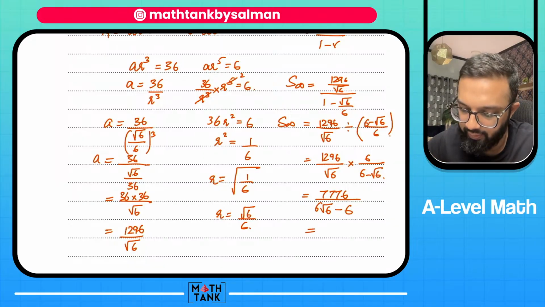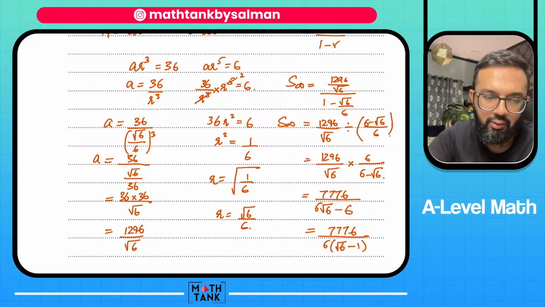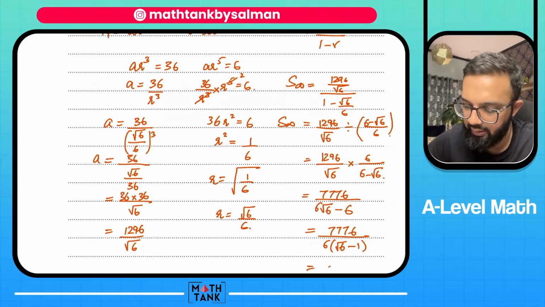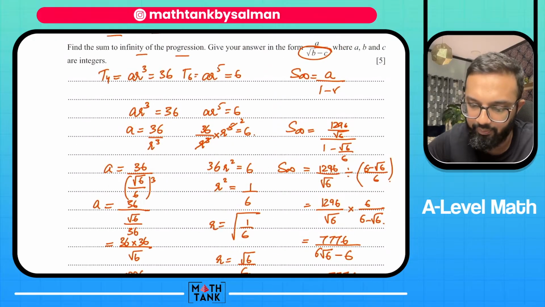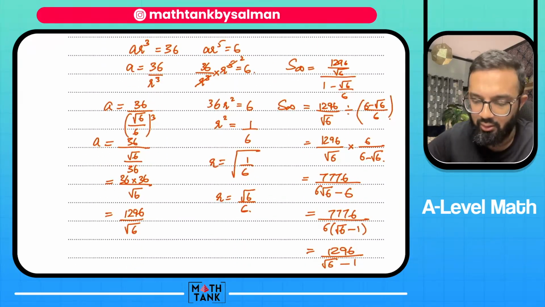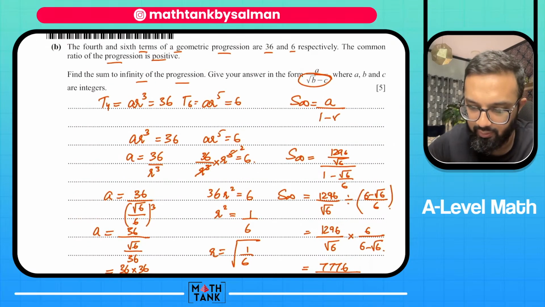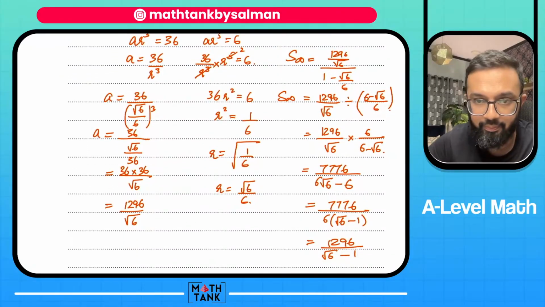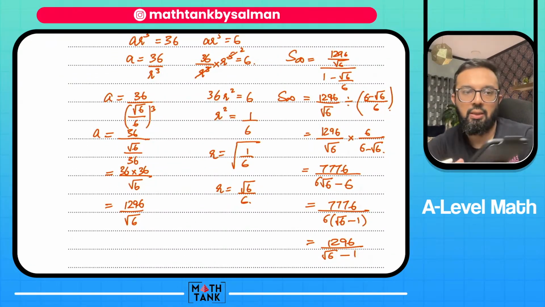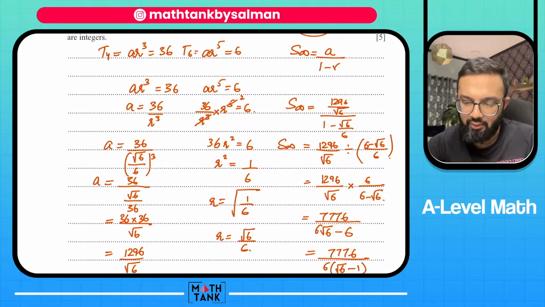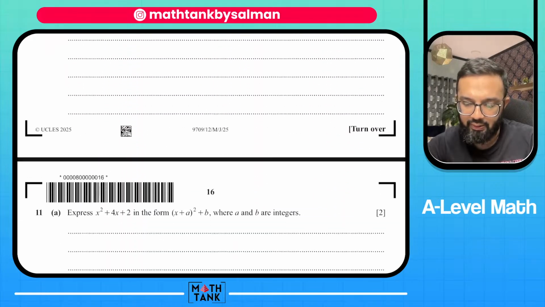And I factor out a 6. 1296 root 6 minus 1. Okay, let's verify if that's correct. Yeah, that is the correct answer. Slightly tough in terms of doing sets.